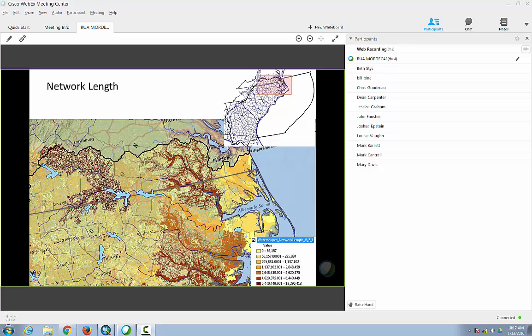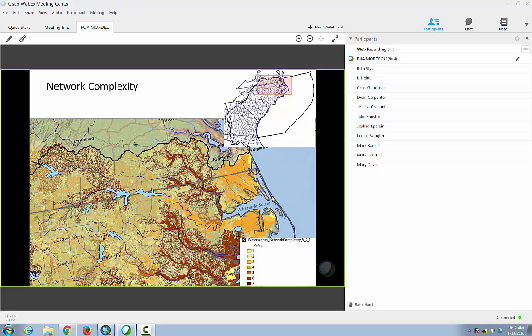Rua, this is Bill Pine. My question is, what's the spatial extent that you think you can extend these types of analyses to? Is it just going to be discrete aspects of the South Atlantic LCC area? Oh no, this is the whole thing. All these we're showing, I'm just zooming in so people can see it more easily. Right, all these are extended.